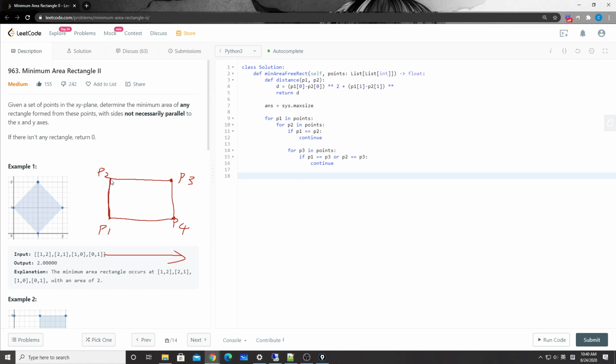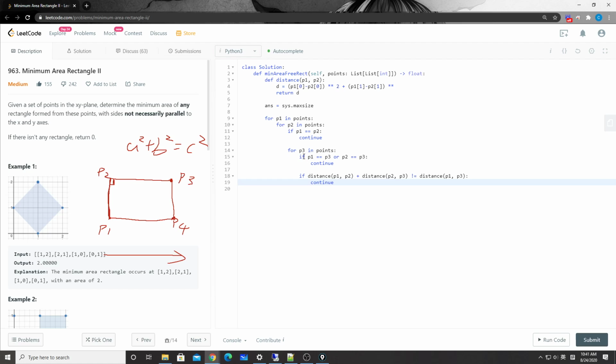We need to know if a square plus b square equals c square. That's when we can tell we have a 90-degree angle between P1, P2 and P2, P3. So basically if the distance between P1 and P2 plus the distance of P2 P3 is not equal to the distance P1 and P3, then we also continue.